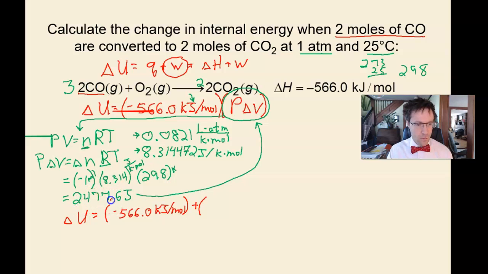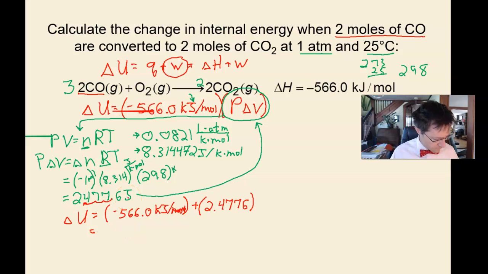1, 2, 3. 2.4. Oh, hey, I'm wrong. This isn't per mole because we're doing it 2 to 2, and we're just going to kill that moles because it's gone. Equals, you add them together, and there's your answer. 568.5.